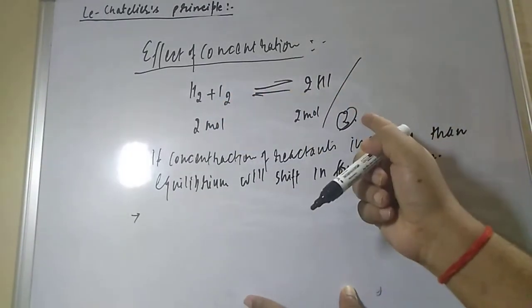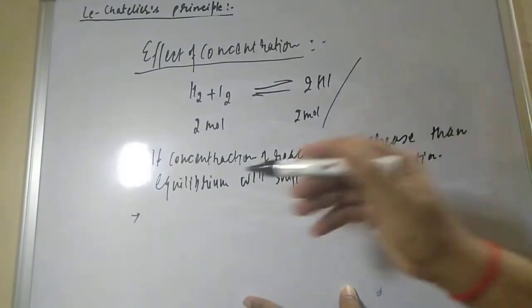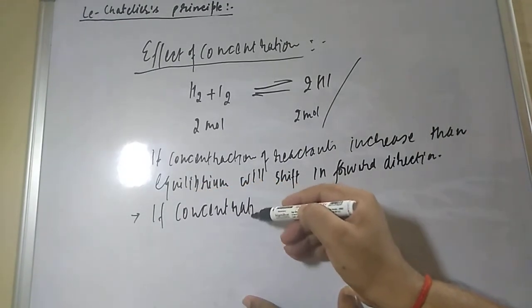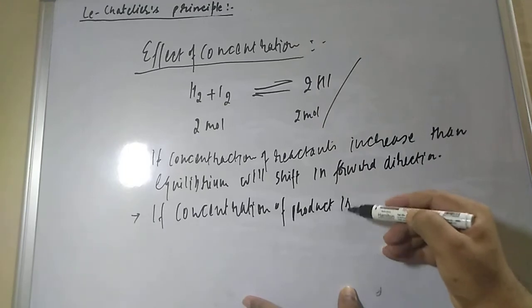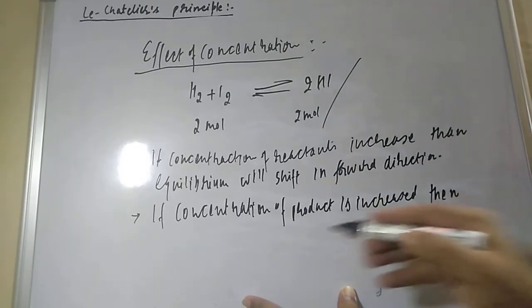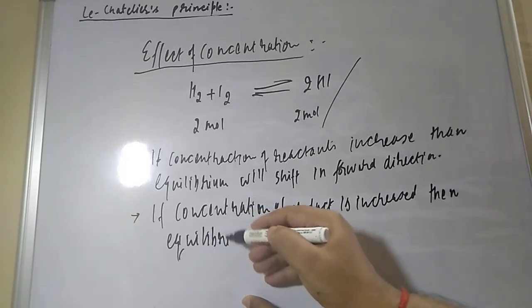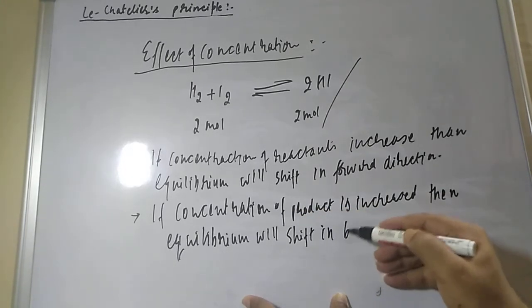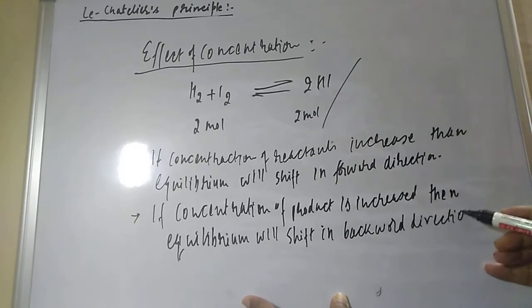So if the concentration of product is increased, the equilibrium will shift in the backward direction.